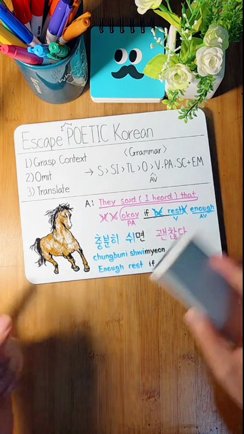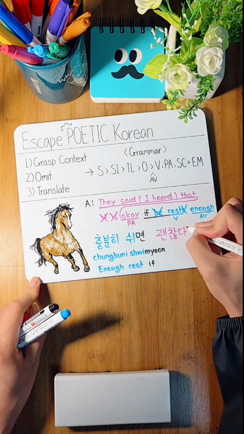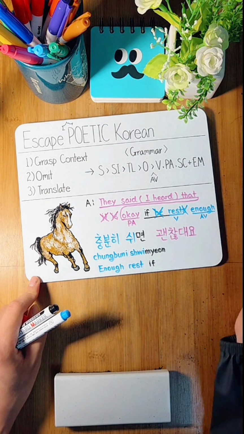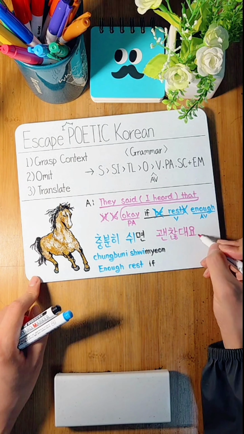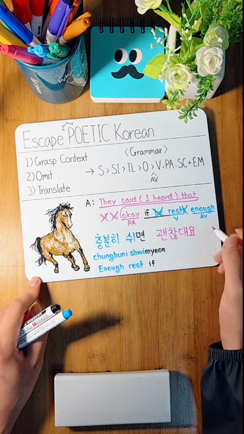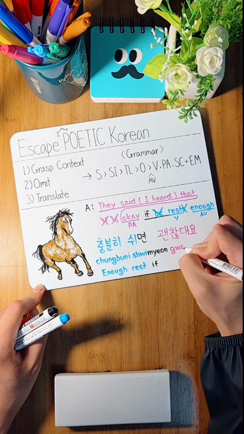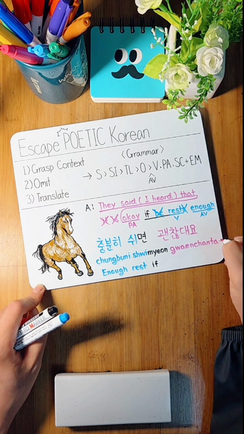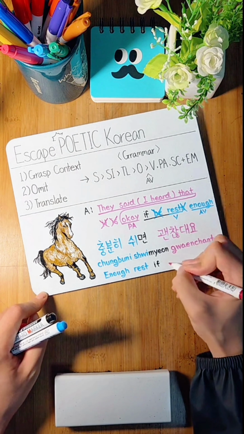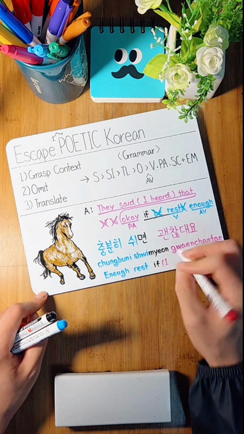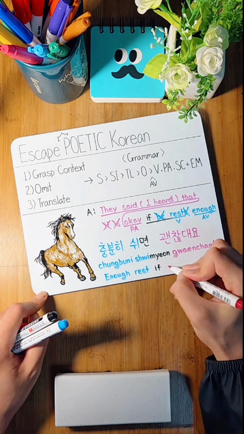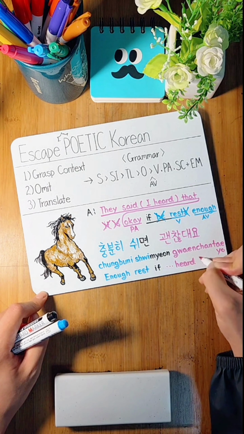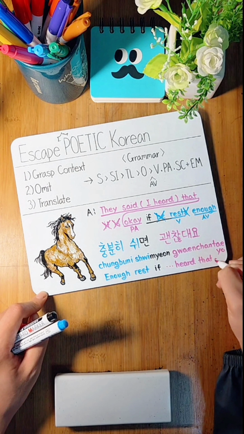So of course it's information that B does not know. So 대요. Because it's a no-batchim ending, just remove 다 and then attach 대요. So now we have 괜찮대요. I'll just say, heard that, or I was told that. Okay, it's okay.